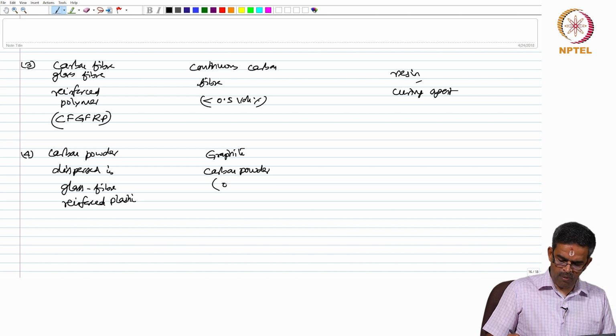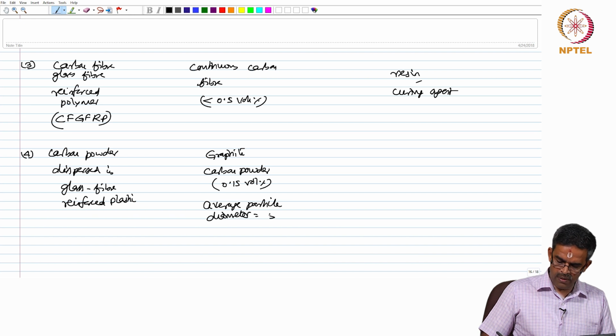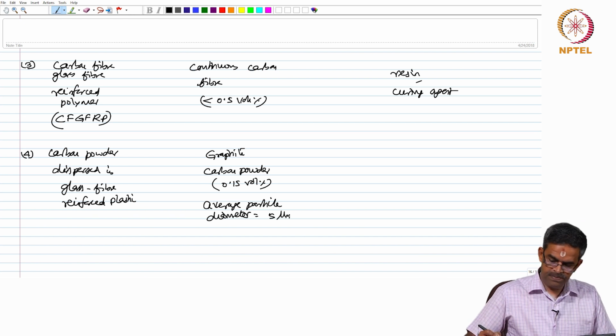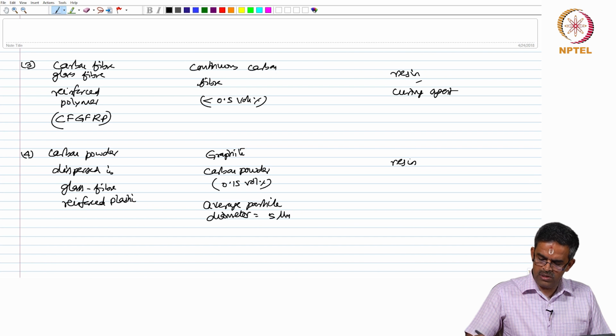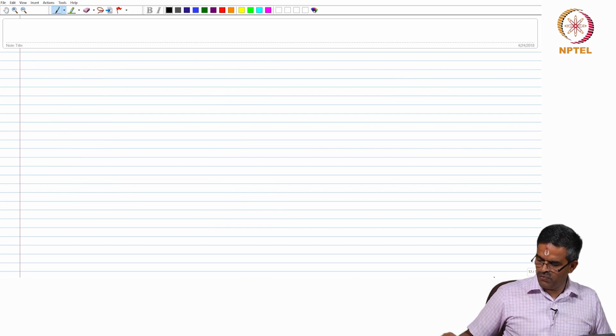The mixture is about 0.15% volume and the average particle diameter used is about 5 microns. The matrix used is resin and the curing agent.